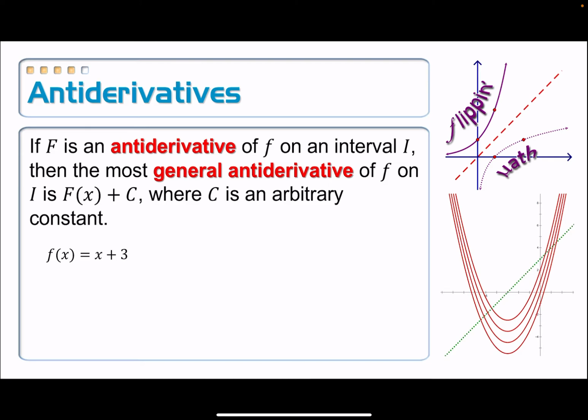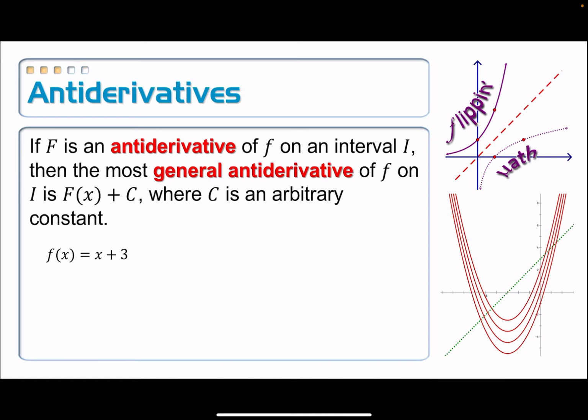It's so important on the AP exam whenever you're solving these differential equations on a FRQ. If you forget your plus c, not only do you lose that point, but you can't get any more points after that.